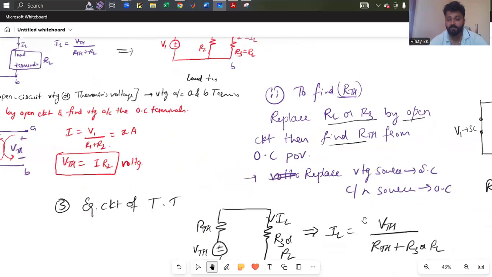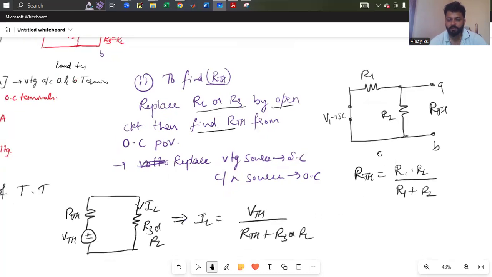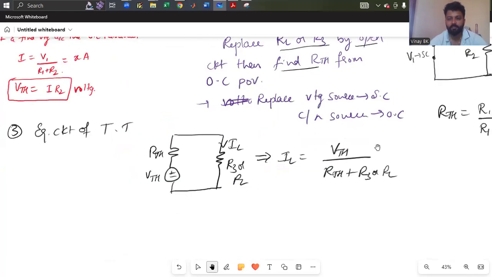If there is any current source, replace that by open circuit. Then replace the load by open circuit and find the Thevenin equivalent resistor from the open circuit point of view. Then after knowing all these things, you can draw the Thevenin's equivalent circuit diagram. Then you find the current flowing through the load. So this is how you need to understand.